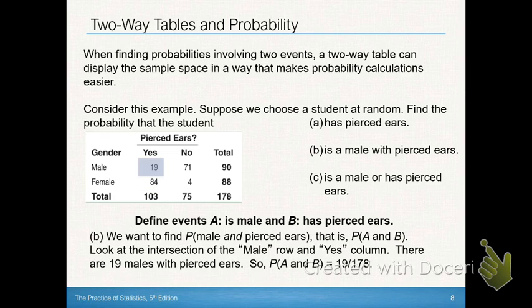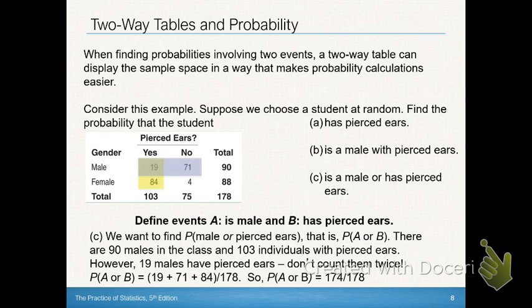Then we want to find the probability that someone is male and has pierced ears. That's only these 19 people here that are in the intersection of the row for male and the column for pierced ears. So the chances of someone being a male and having pierced ears is 19 out of 78.